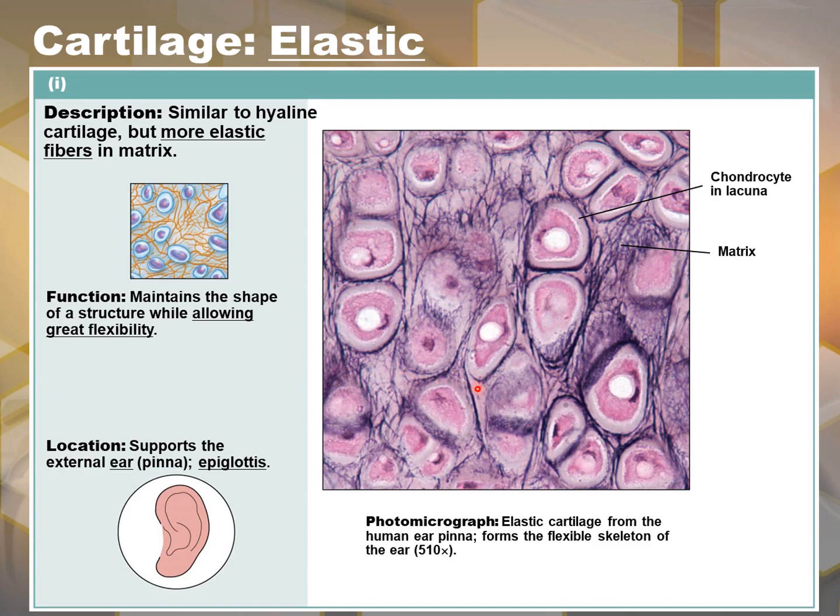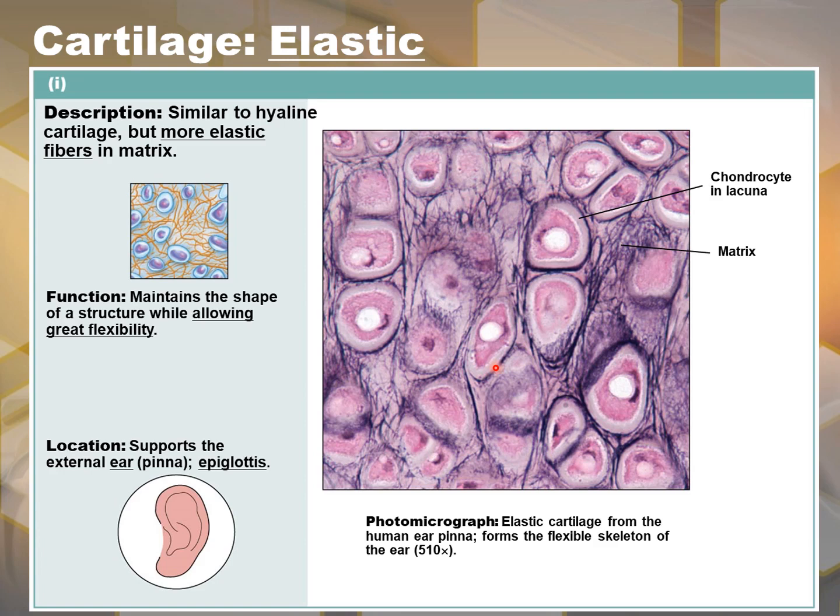These maintain the shape, but they have great flexibility, even greater than our hyaline cartilage. Think of your ear. You can fold your ear pretty much all the way over and it springs right back into place. So this is elastic cartilage.